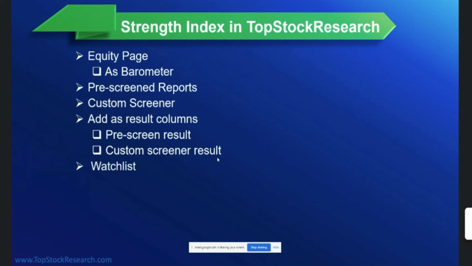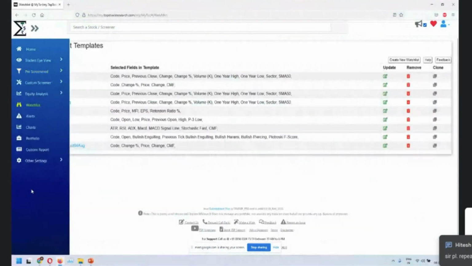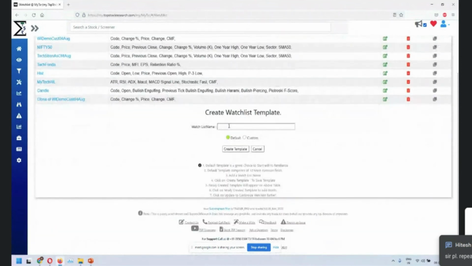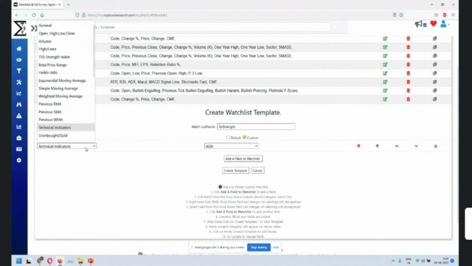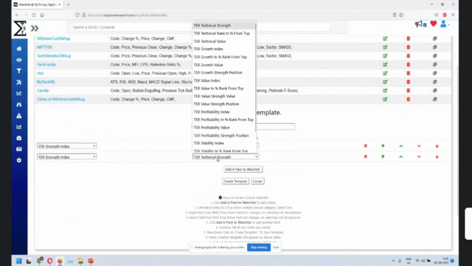Watch list. How do you see it in the watch list? So go back in the watch list and then create this. Right? Technical strength.